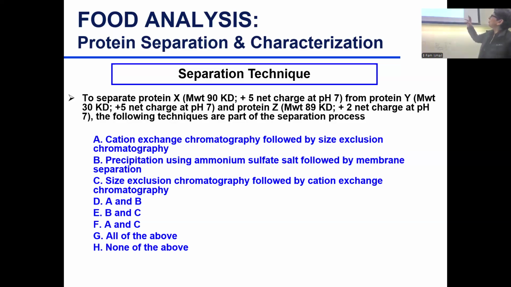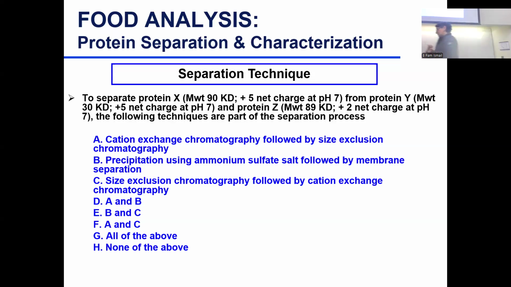So you see here, you have two proteins that have similar molecular weight and two proteins that have similar charge. If we start with cation exchange chromatography, I can separate protein X and Y from protein Z, correct? Because X and Y have +5 and Z has +2.